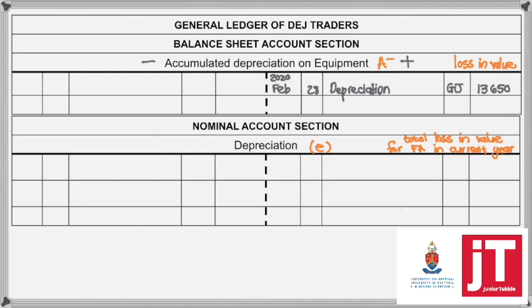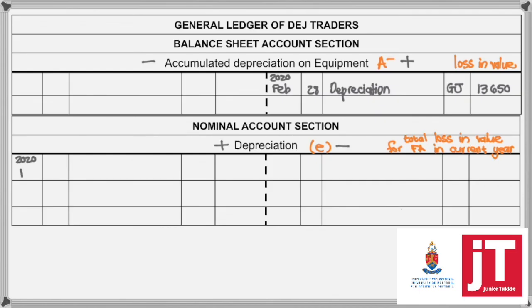13,650. Then the nominal account section, depreciation, is an expense. So we have to record the total loss in value for all the fixed assets in the current year in our depreciation. So the credit account was the accumulated account, and now we are to debit depreciation.